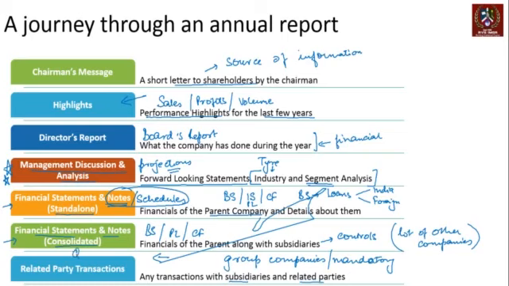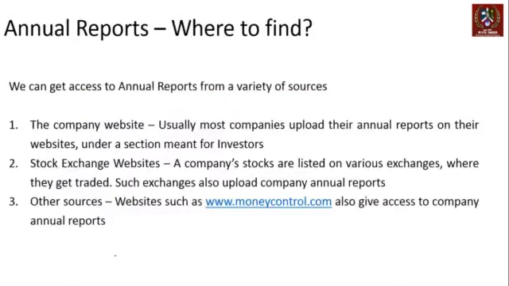And eventually, when we come around to looking at quality of financial statements, related party transactions will become an important parameter for us to gauge, right? That's the journey through an annual report. Those are the primary portions that an annual report typically entails that we need to look at as we go along, right? Now, where do we find the annual report?